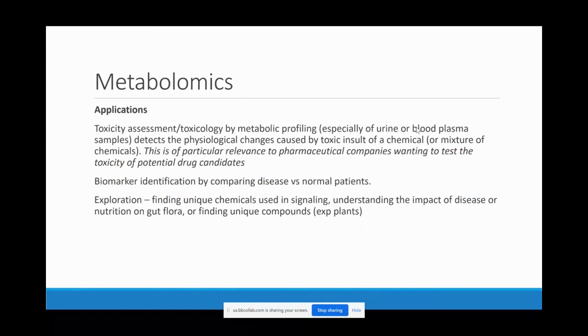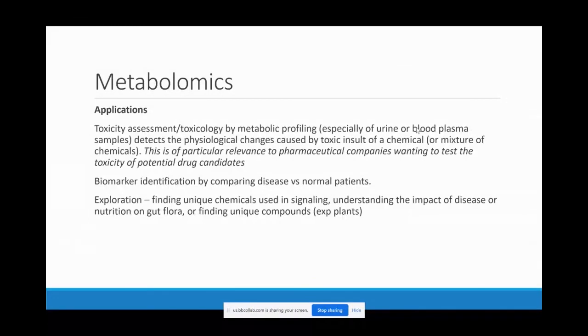This is a very common type of test, this metabolomic profiling. You have your organism and then an organism that has the drug, and you compare the levels of their metabolites to see if there are any toxic metabolites that are potentially building up, or any markers of problems that could happen from a drug candidate.